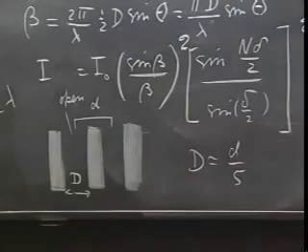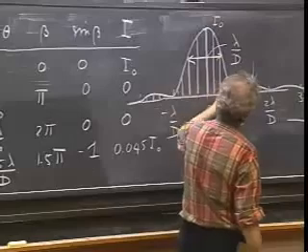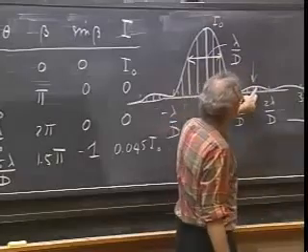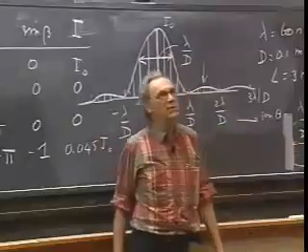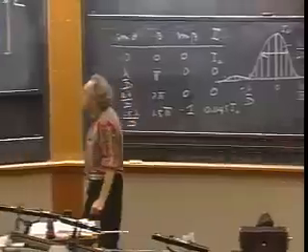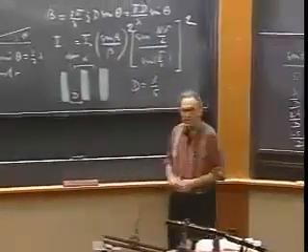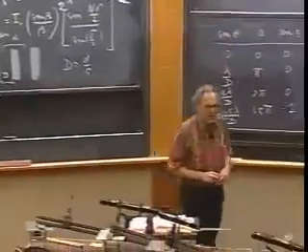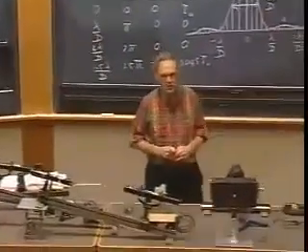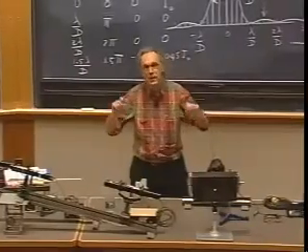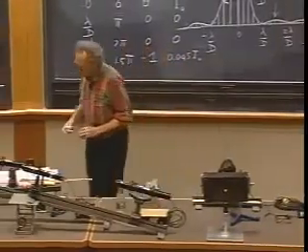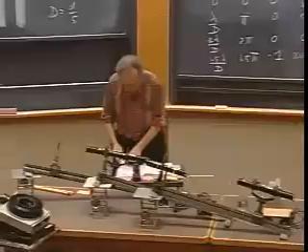So you would see order 0, 1, 2, 3, 4, and 5 would be killed here, and then they would build up a little again, and then ultimately, of course, they would all peter out. If I show you a spectrum of a grating, you can roughly estimate what the ratio capital D over little d is by seeing that modulation pattern. That's what I want you to see now.